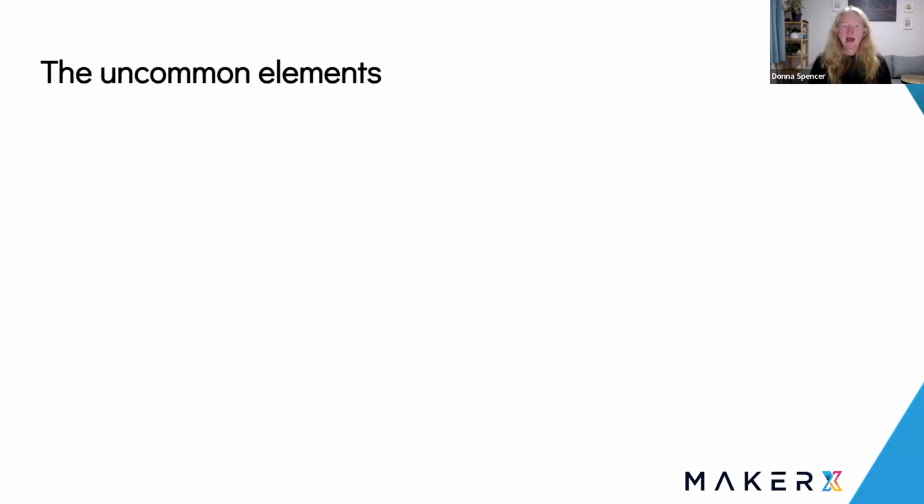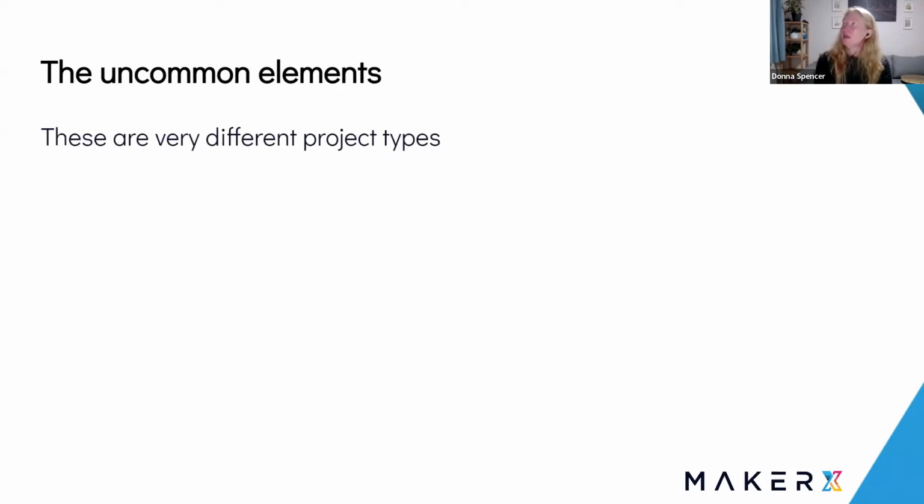So what then are the uncommon things, the things that are different in that big set of IA kinds? If those made sense to you, and they may not, because if you haven't come across a project like some of those, you might be like, I don't know what you mean. But for the ones that you understood, you can probably see that they're really different project types.